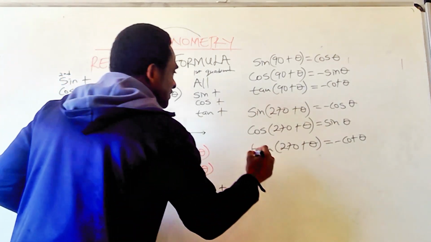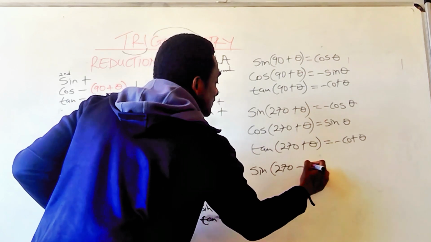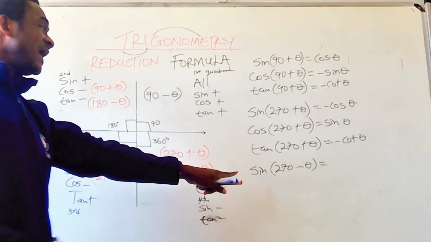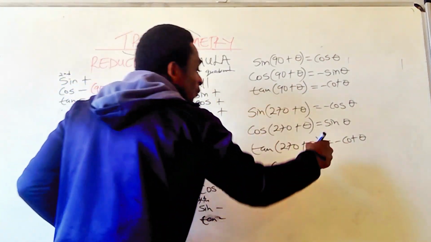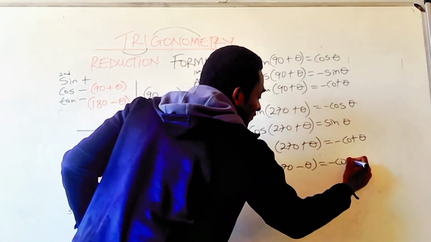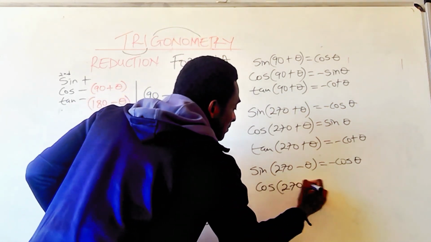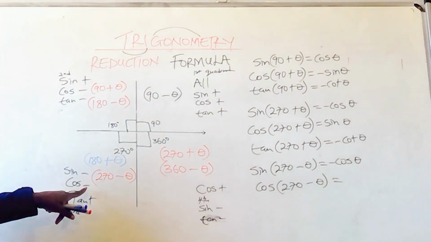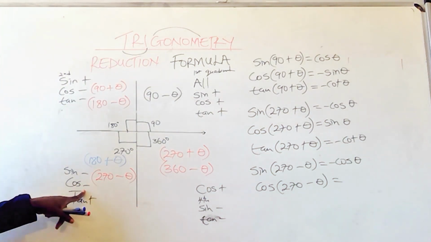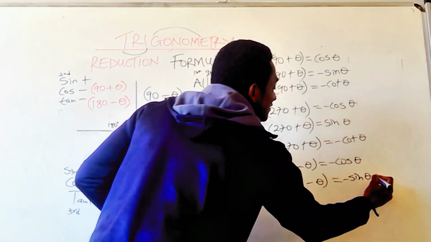the third quadrant. If we have sine of 270 minus theta, sine is negative here, so the cofunction will be negative cos theta. If we are looking at cos of 270 minus theta, this is on the third quadrant, and cos is also negative, so the cofunction will be negative sine theta.